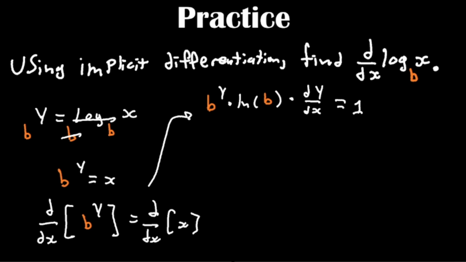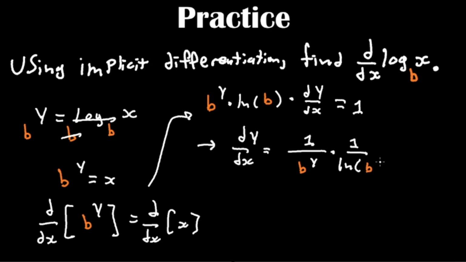Okay, so if we divide both sides by b to the y times natural log b, we'll get that our derivative is equal to 1 over b to the y times 1 over natural log of our base. Now, we have y, but we kind of want our derivative to be in terms of x.